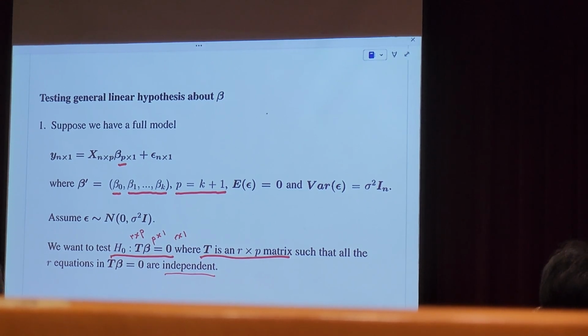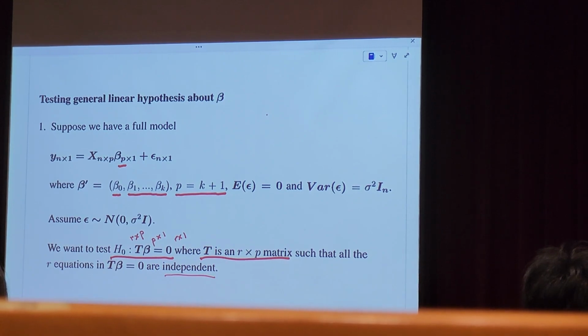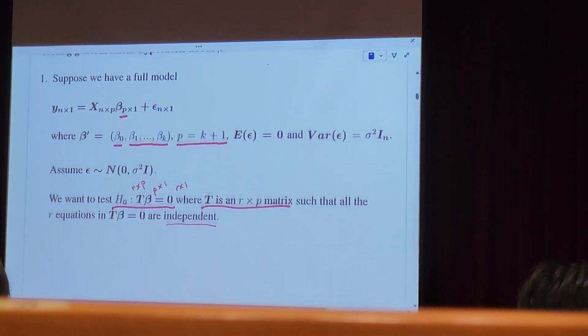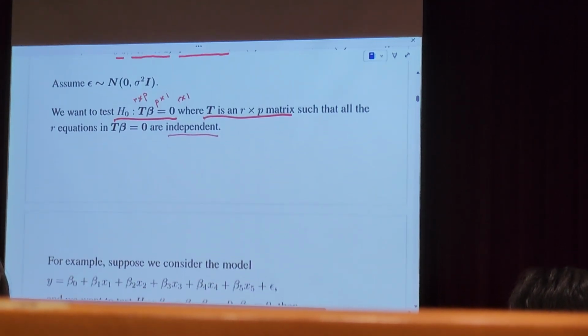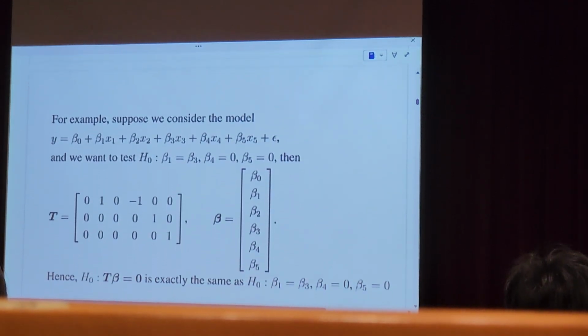I hope my explanation here will be clearer than the one given in the textbook. So let's just assume that all these R equations are independent. Any of the equations is just a linear combination of the betas. So what does that mean? I think it's easier to understand this T matrix if I illustrate with an example.